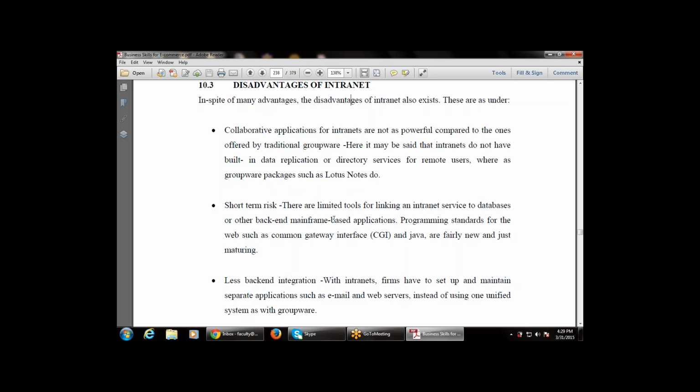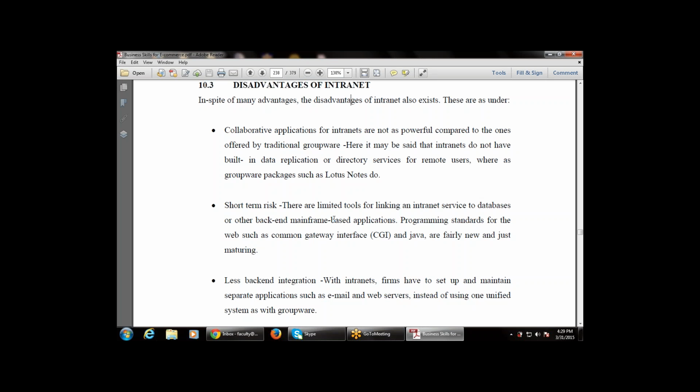The next is less backend integration. Less backend integration means there is low setup maintenance, and firms have to maintain the setup, and firms have to set up and maintain separate applications such as email and web browsers.